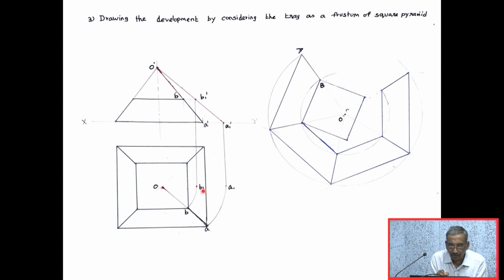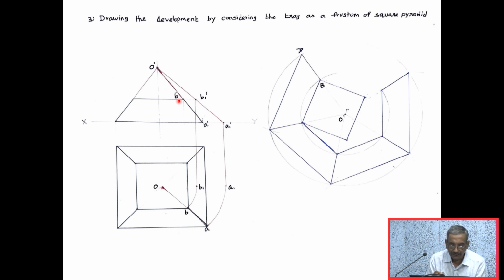This is my top view and this is my front view of the tray. I extended this so that this is a square pyramid, vertex O dash. Now my job is to find out the true length of the slant edge O dash A dash, as well as the true length of the slant edge O dash B dash.